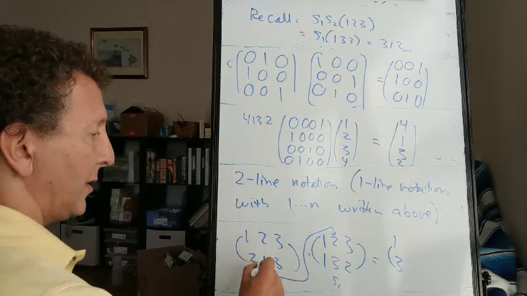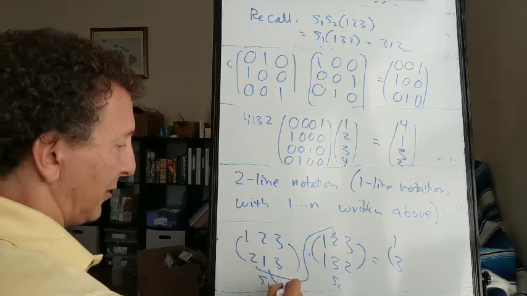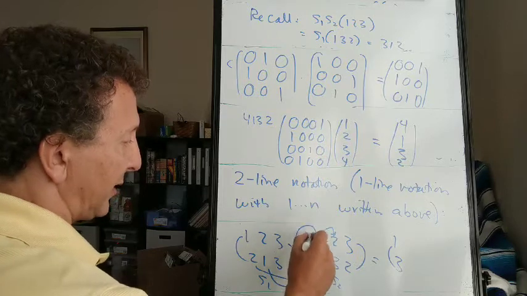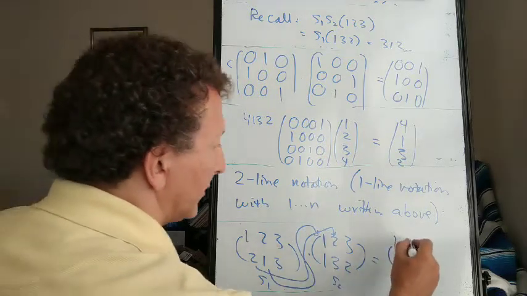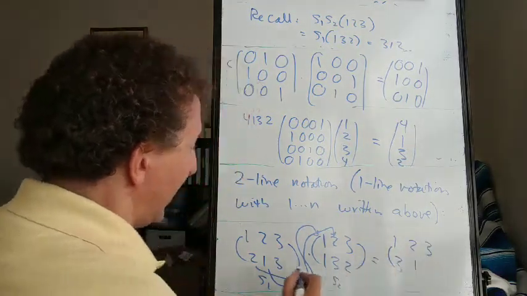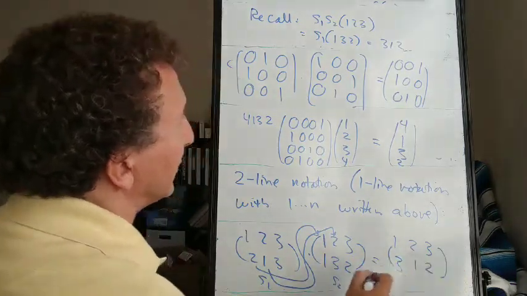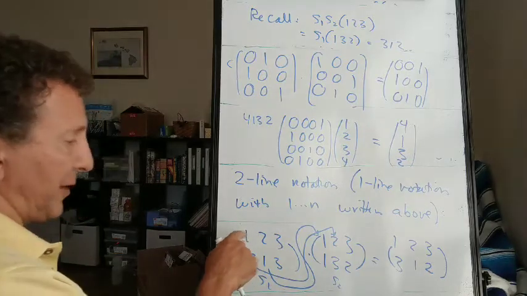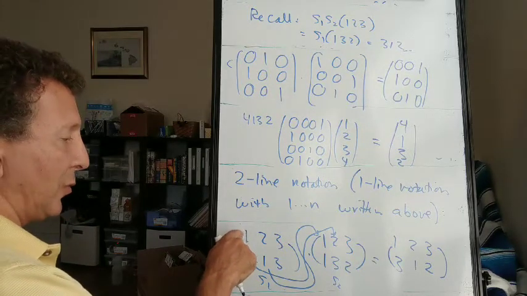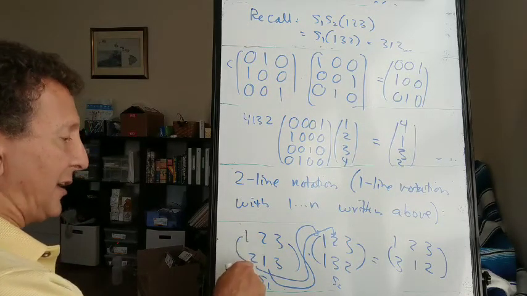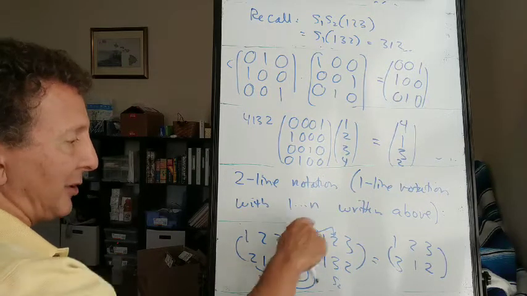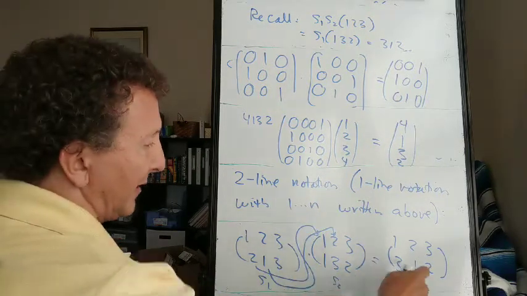Then 2 goes to 1, follow the 1 over here, and 1 goes to 1, so 2 goes to 1. And then 3 goes to 3, and 3 goes to 2. So we get 3, 1, 2. So we just follow the letters 1 through n to where they go in the first permutation, then where that letter goes in the second permutation, and that's the product.